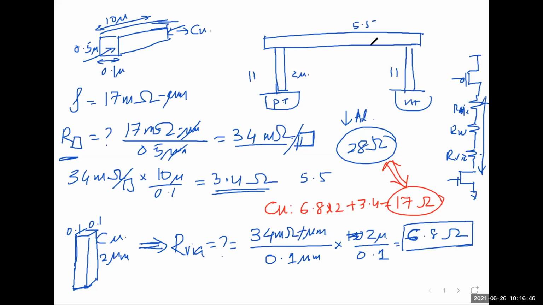For a given capacitance, because it's A times epsilon over D. So C equals epsilon naught A over D. If your epsilon is low, which means a low K dielectric, you need a higher area to get the same amount of capacitance. This D is, let's say, fixed because that's your technology node parameter, right?